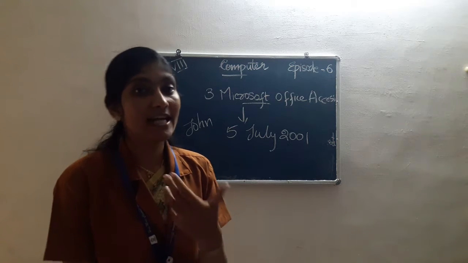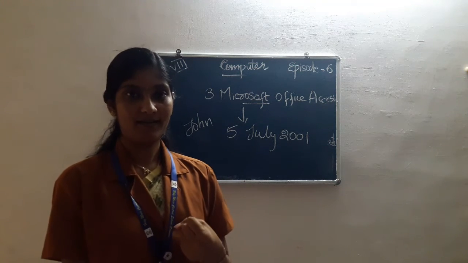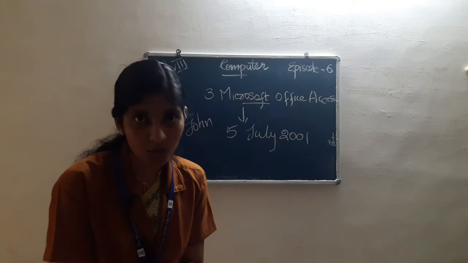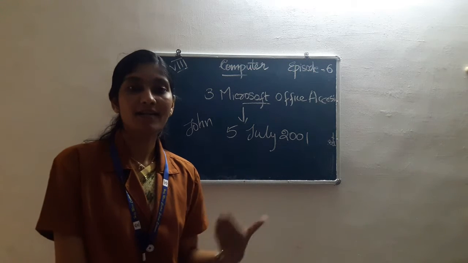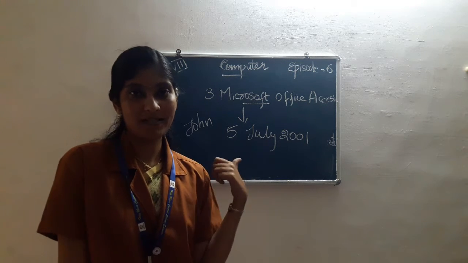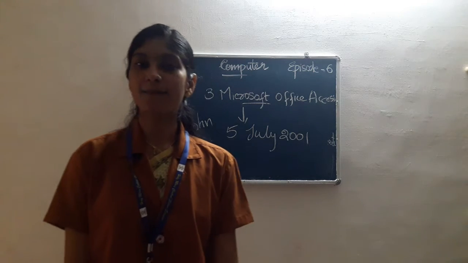Then there may be more than one person named John, so you need to search for the person who visited the hospital that day. That means it is a very tedious process.